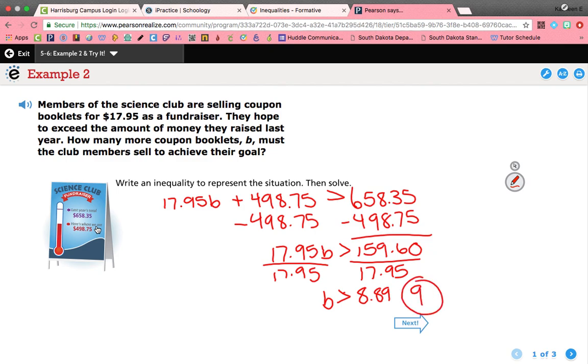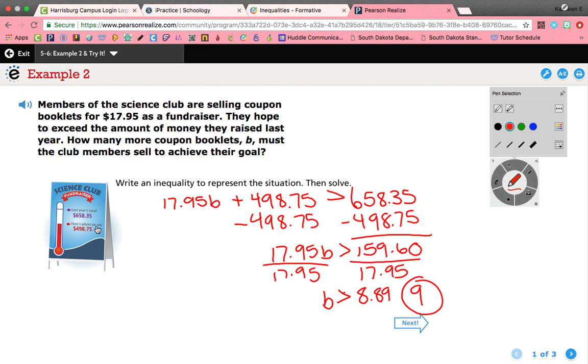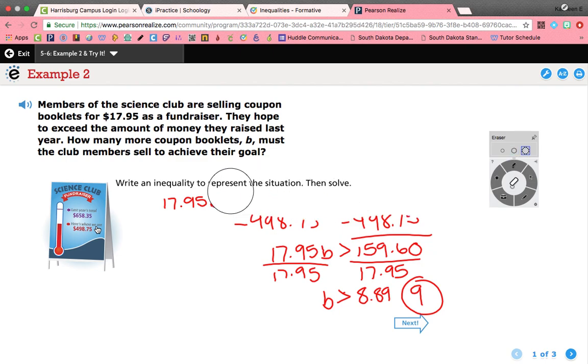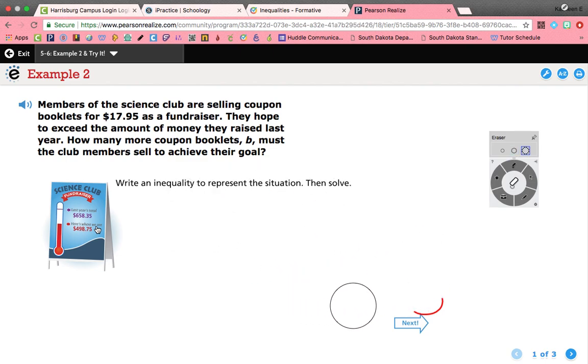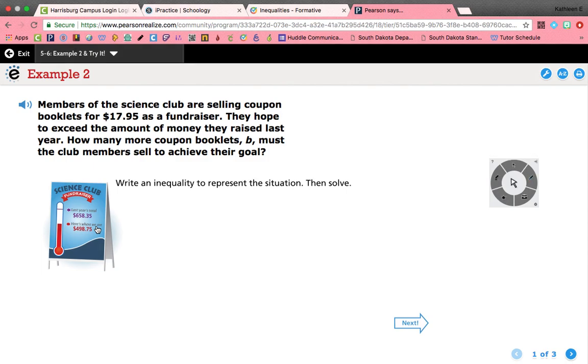They have to sell more than 9 booklets, or it could even be greater than or equal to 9, because 9 would count. 9 booklets to beat their goal of last year. I didn't multiply or divide by a negative, so I didn't have to switch my symbol there. It was just straight calculation.